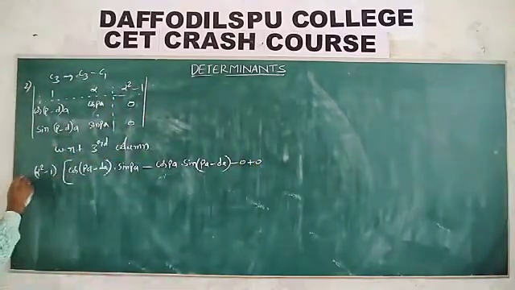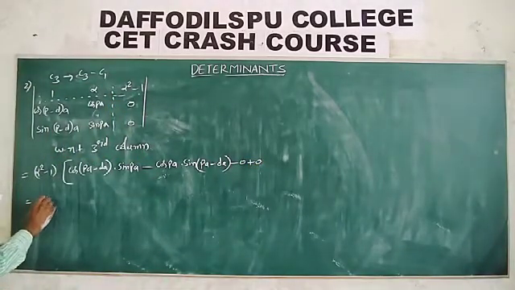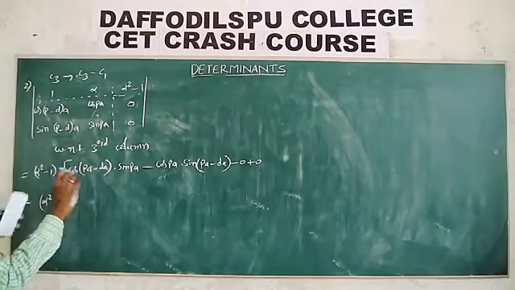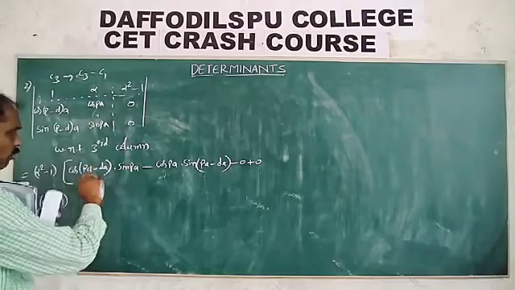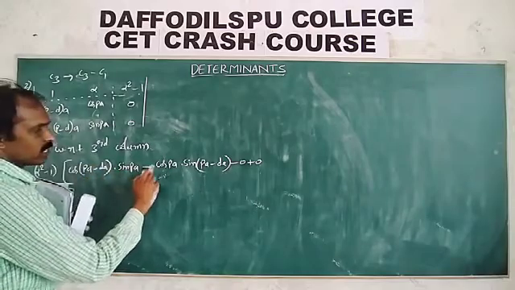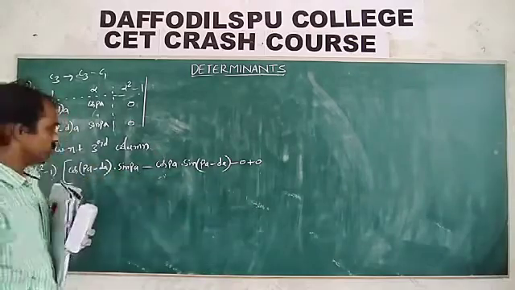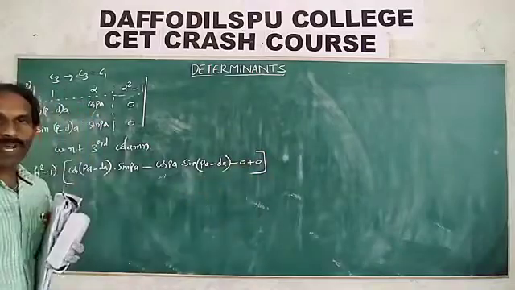Right. This is equal to alpha square minus 1. This is in the terms of sin A cos B minus cos A sin B form. What is the formula?